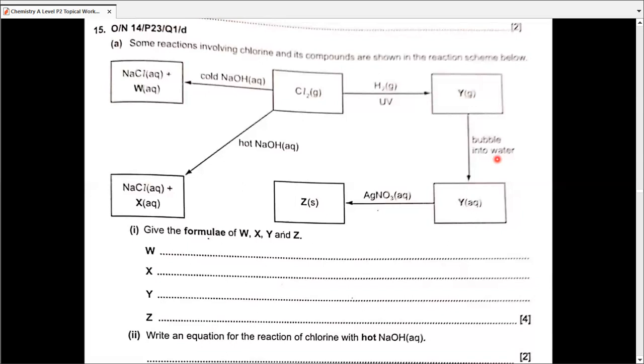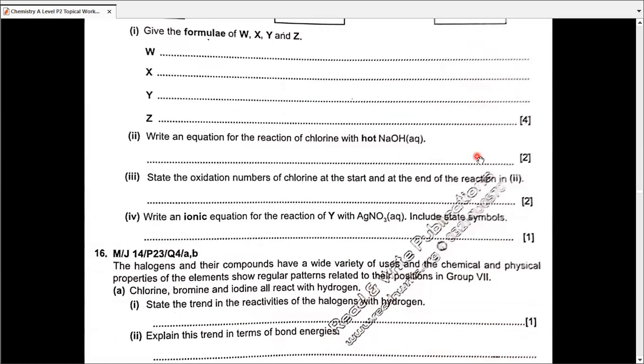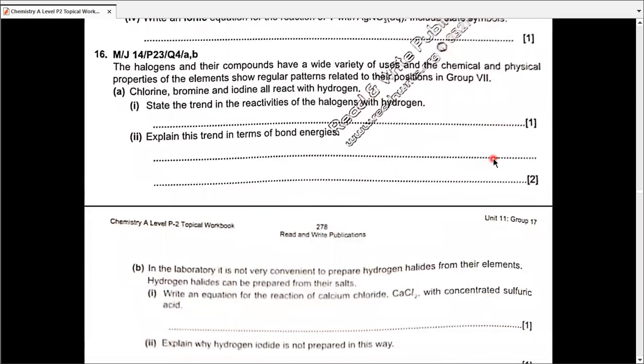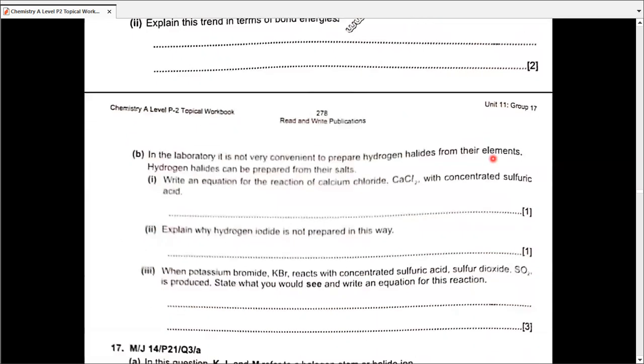And Z would be silver chloride, AgCl. Good. Forget 3 as well as 4. Too easy.